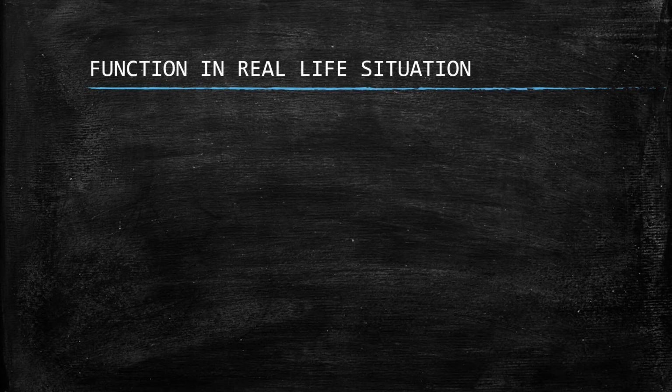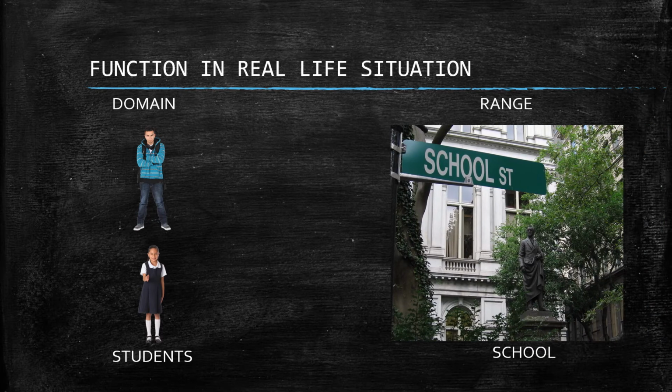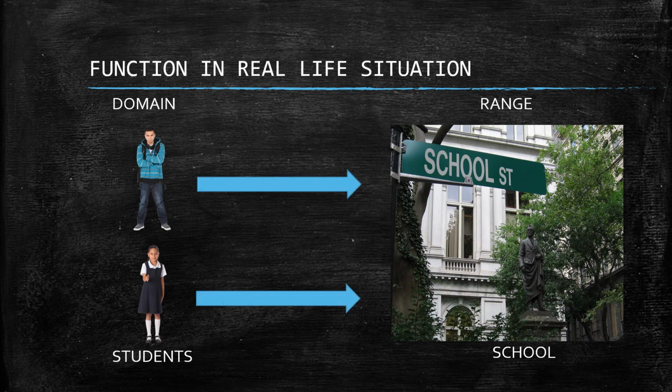So, kung sa real life situation, class, ingani lang na siya. Let's say for example, the domain are the students. Atong range, ang eskwelahan. Kani atong domain, na-enroll sila sa isa ka eskwelahan. So, walay problema na. Si lalaki na estudyante, naa siya sa isa ka school, si babae nga isa ka school.